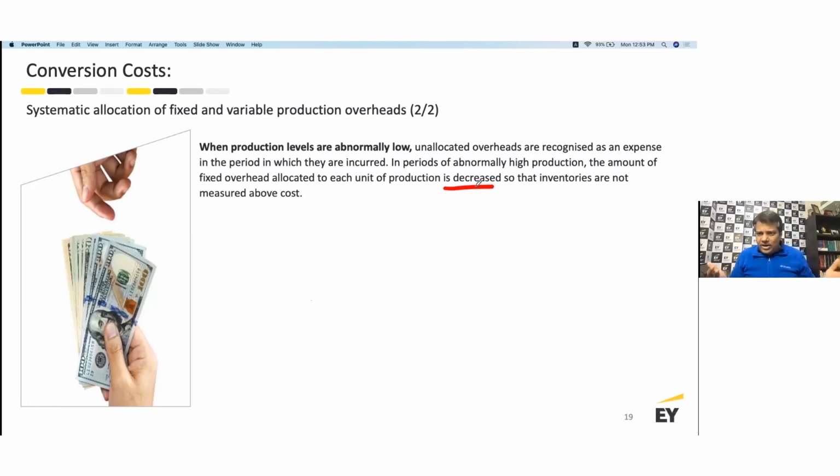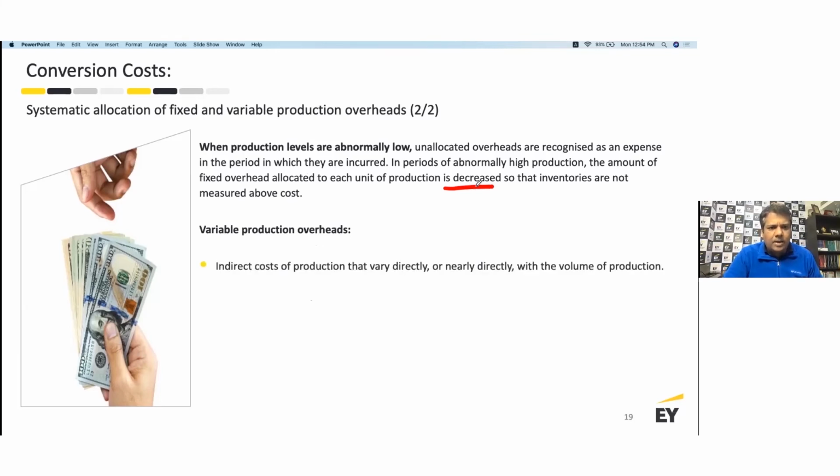I can't allocate the excess overhead which is not being absorbed, right? But if I've done more production, then you just can't say I will still allocate based on standard cost. You can't allocate more than your actual cost. And again, as I said, we will try and understand this with the help of an example.